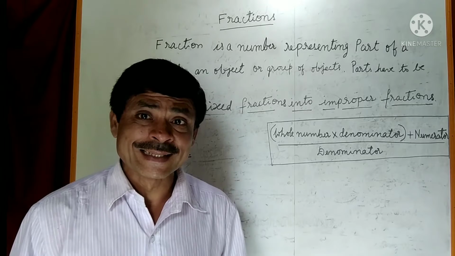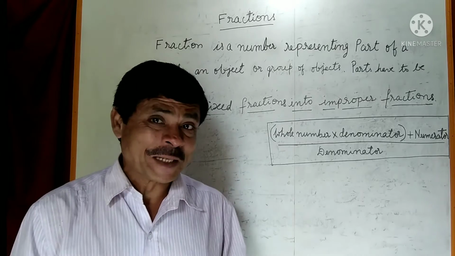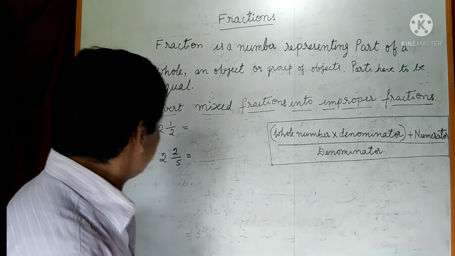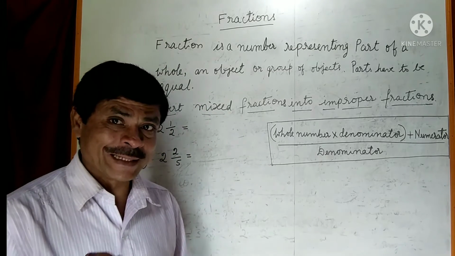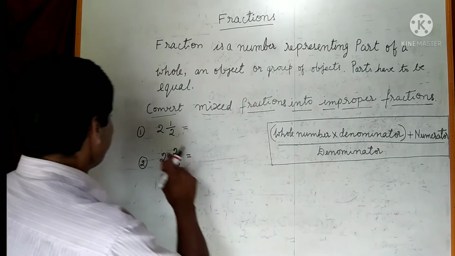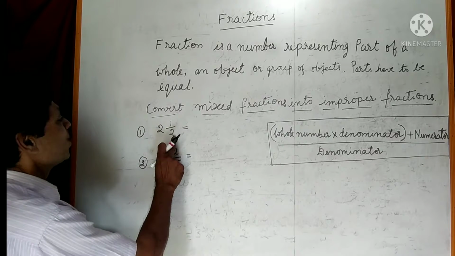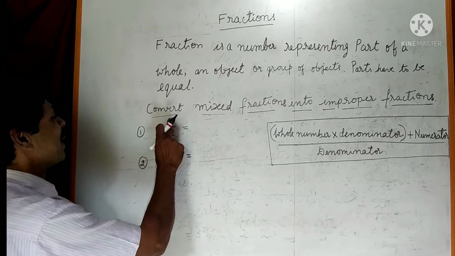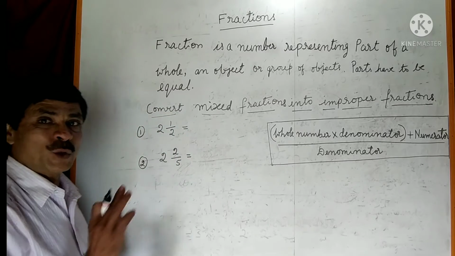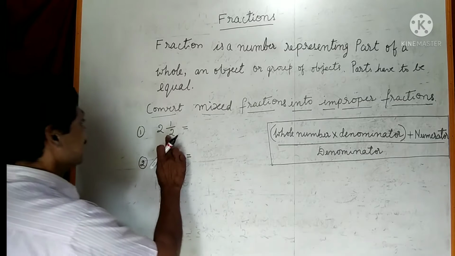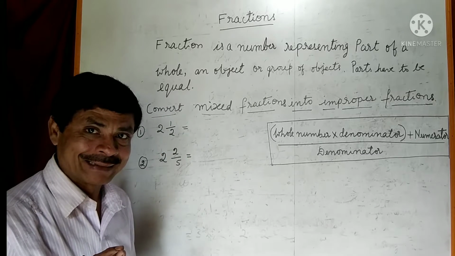Now let us learn how to convert mixed fractions into improper fractions. To convert a mixed fraction into an improper fraction, we have to multiply the whole number by the denominator and add the numerator, all divided by the denominator.